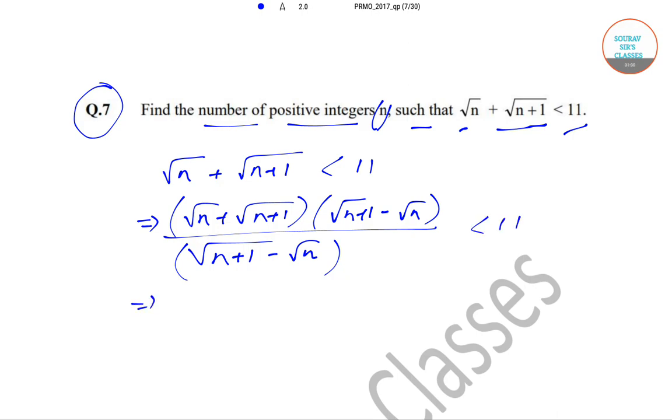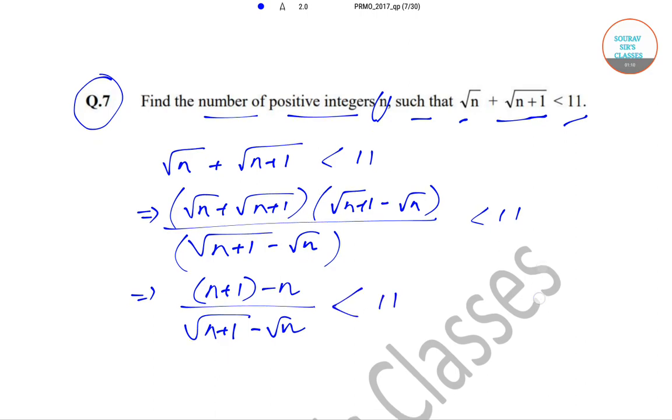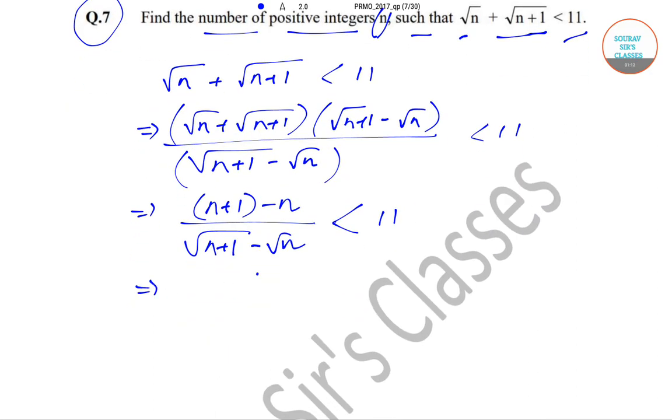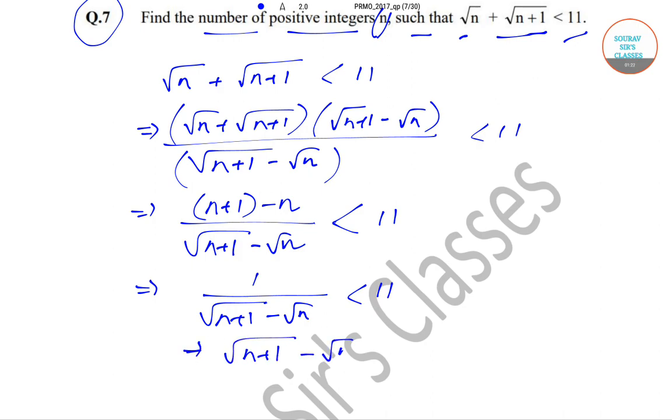This is written as n plus 1 minus n upon root over n plus 1 minus root over n, which is less than 11. So we have 1 upon root over n plus 1 minus root over n is less than 11. That implies root over n plus 1 minus root over n is greater than 1 by 11. So we can write this as equation 2.